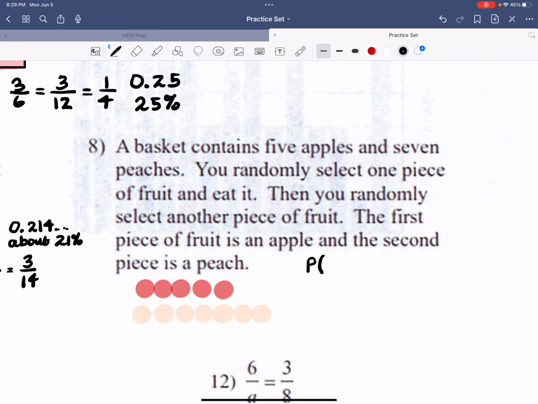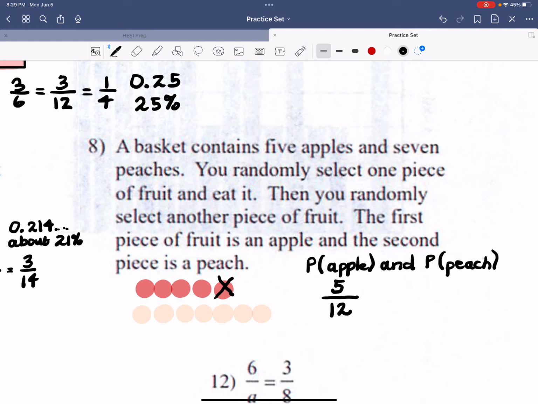So the probability of an apple, and then the probability of a peach. So I close my eyes, I reach in that basket where there are 12 pieces, and I pull out an apple. There are 5 of them, so it could be any one of those 5. I'll let it be that one.